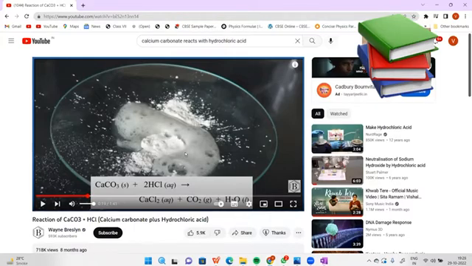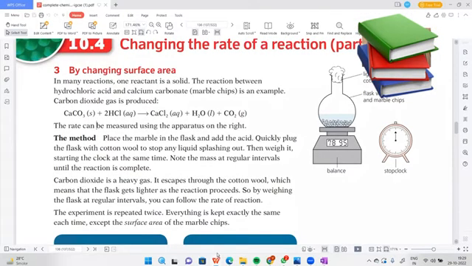Understood, Lakshay? In the book also they have done the same experiment. They have taken marble chips, as well as calcium carbonate, and then put in the hydrochloric acid, and then we have plugged the cotton.